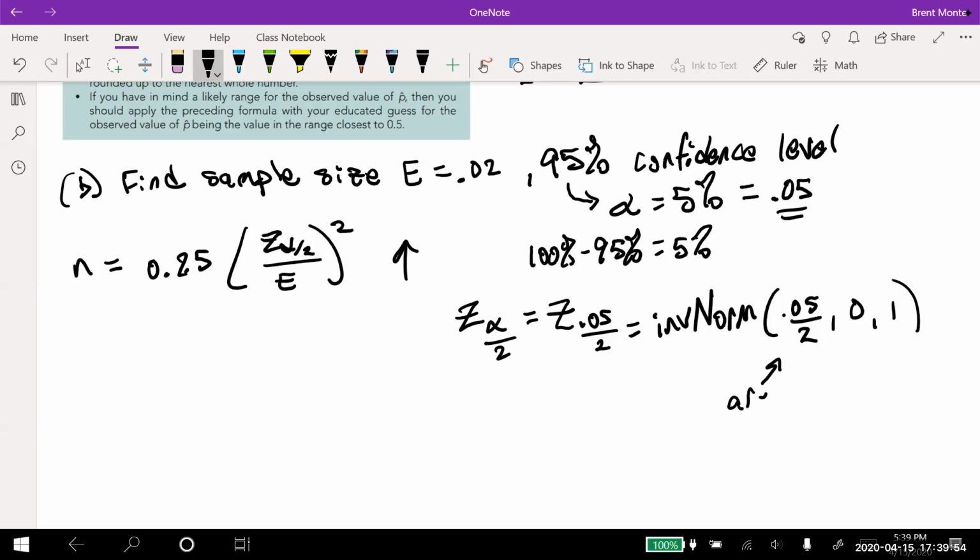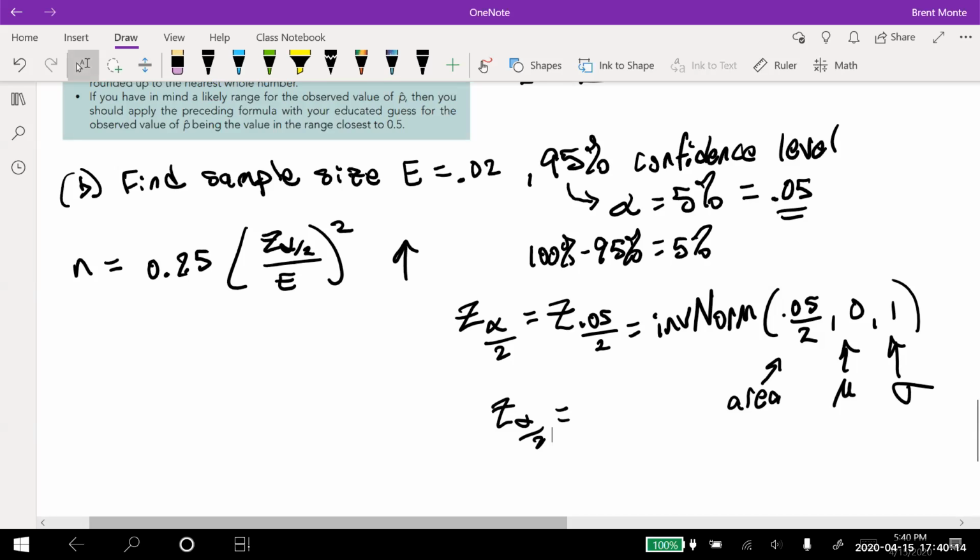But that's my area, that's my mean, that's my standard deviation. So my Z in this case, we'll call it Z of alpha over 2. Let's go find it. All right. So it's 0.05 over 2. So let's go to the calculator.